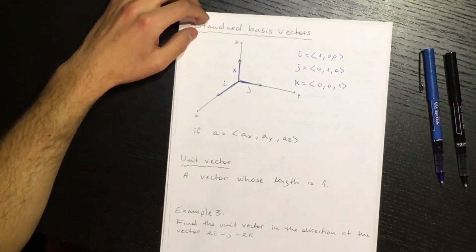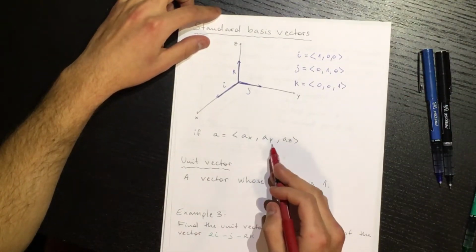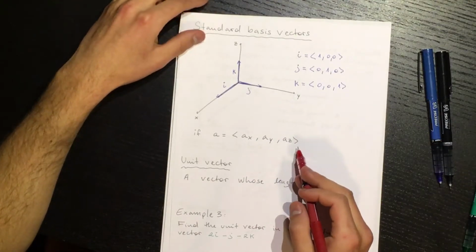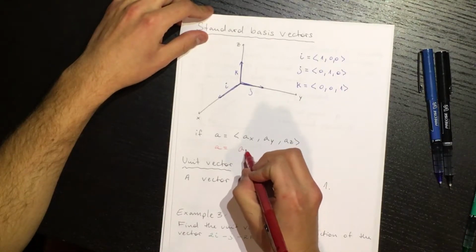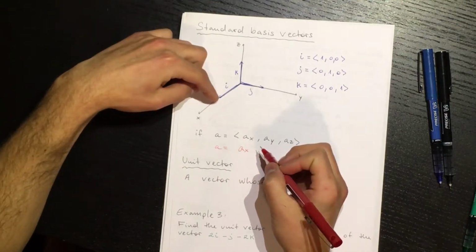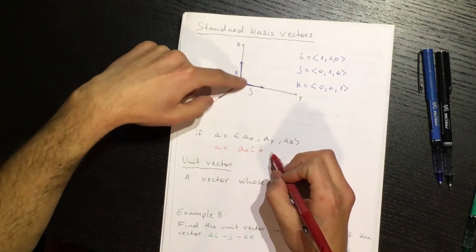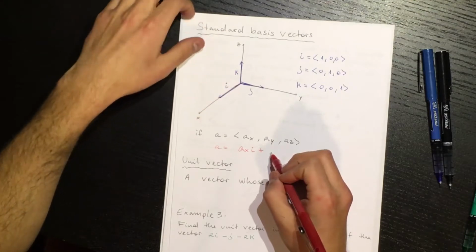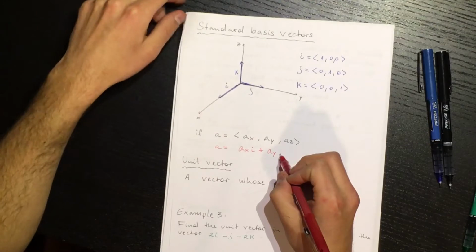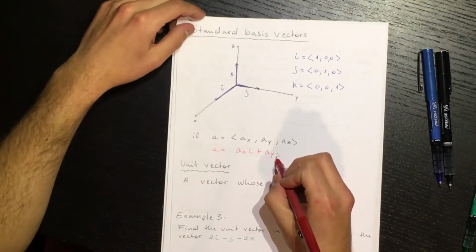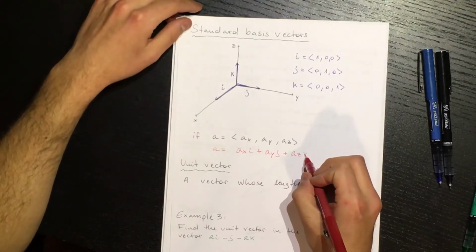So this same vector, with the component ax on the x-axis, ay on the y-axis, and az on the z-axis, can be a equals ax times i, because this one is the basis vector in the x direction, plus ay times j, the basis vector in the y direction, plus az times k, which is the basis vector in the z direction.